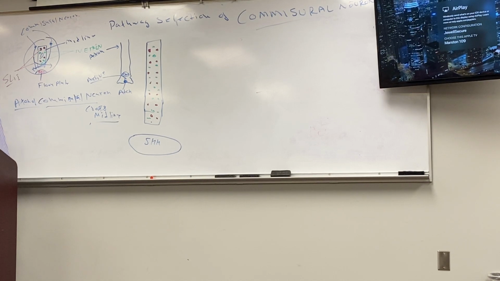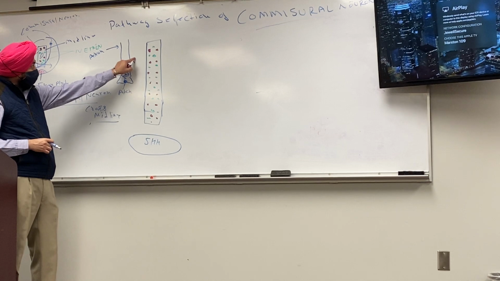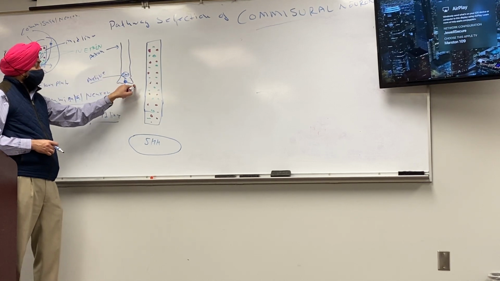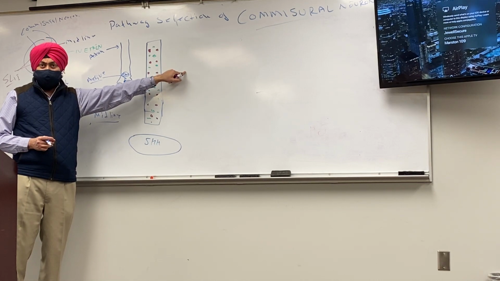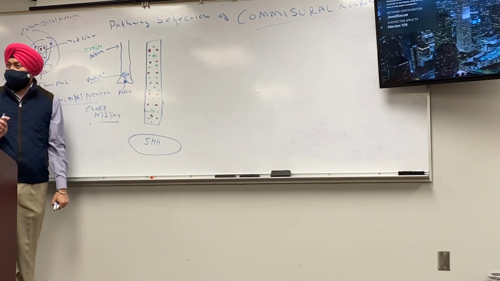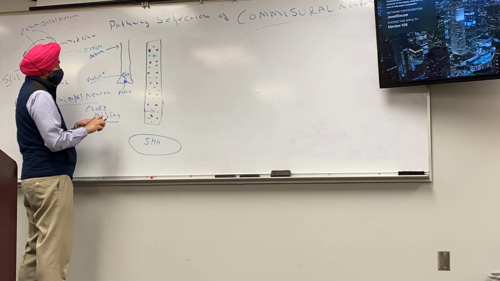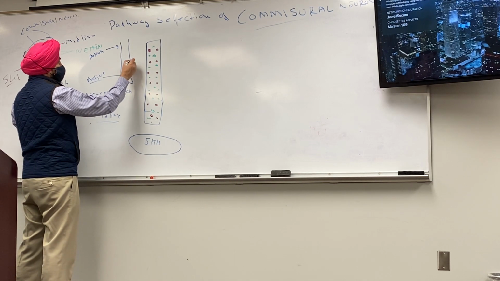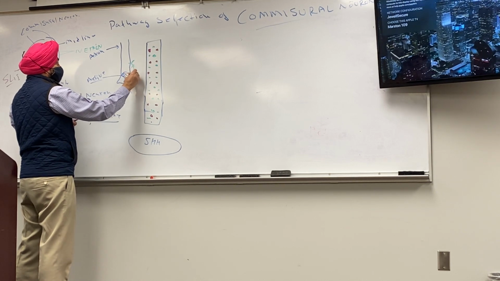Now you will ask why this axon does not go to the midline. Because you have netrin here, and these neurons also have DCC right there.